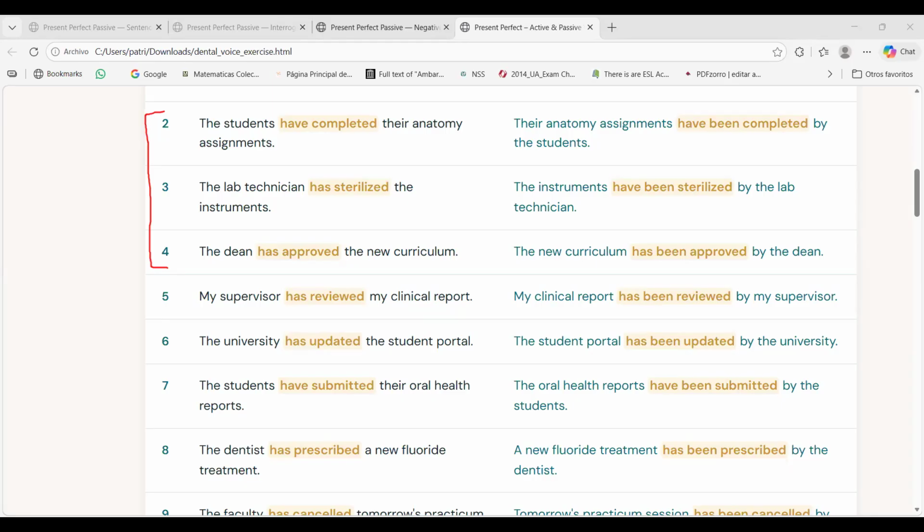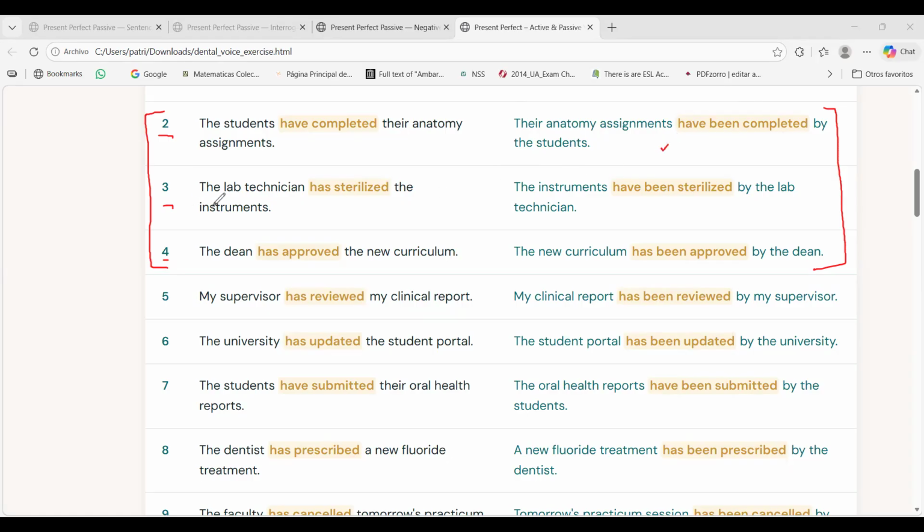Yes, teacher. Could you read 2, 3, and 4 and their corresponding transformations? Yes. The students have completed their anatomy assignment. Their anatomy assignment has been completed by the students.